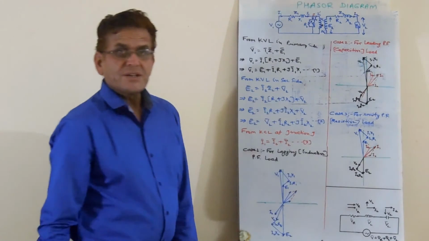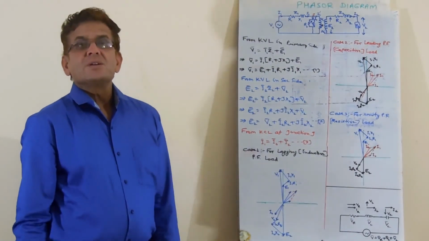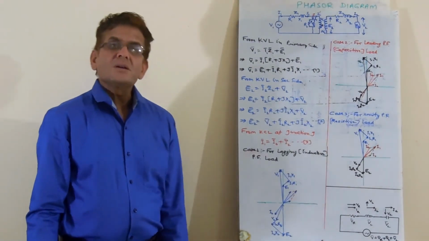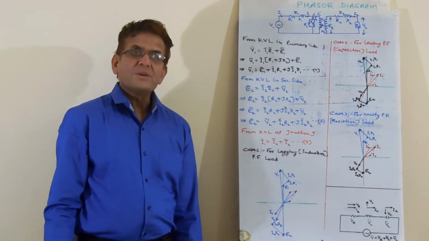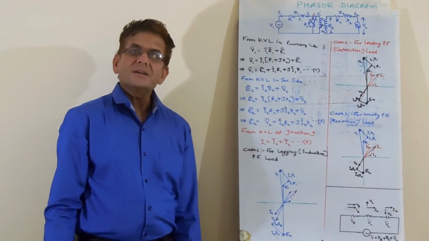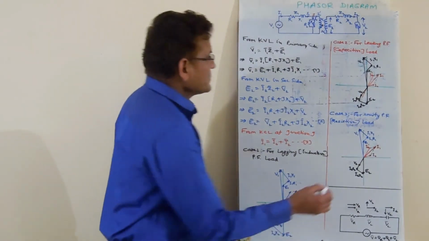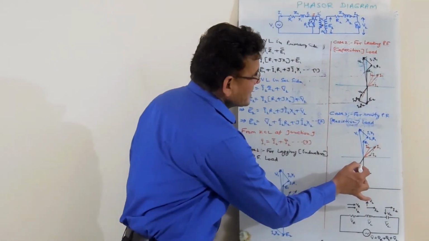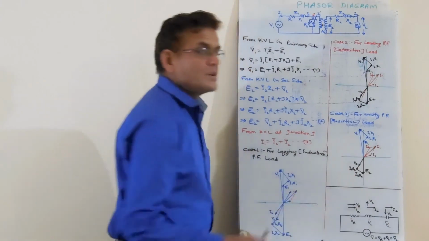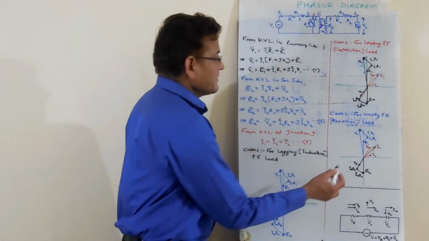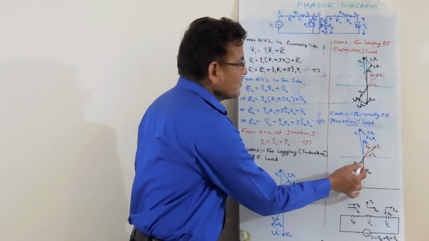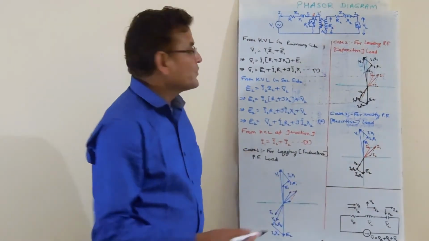Now in secondary side, load is unity power factor load or resistive load, and in a resistive load, voltage and current are in same phase. So in secondary side, current is in this direction, so voltage V2 will also be in phase with current, means V2 and I2 both are in same phase.